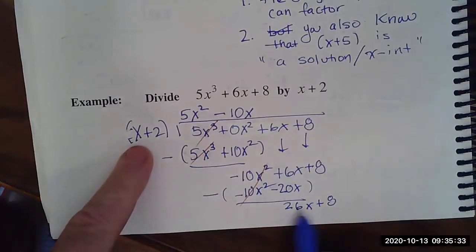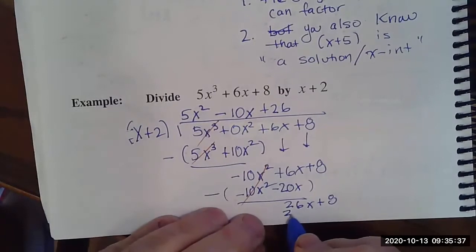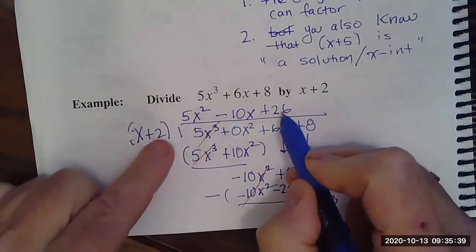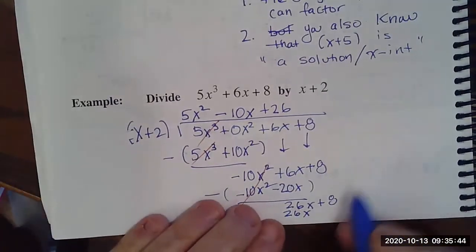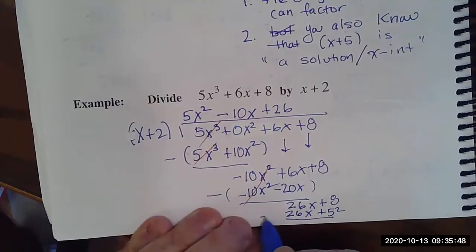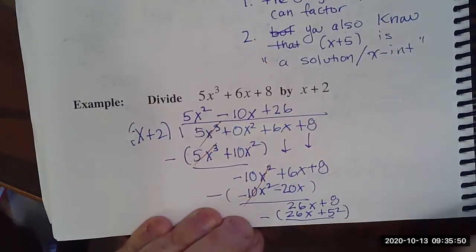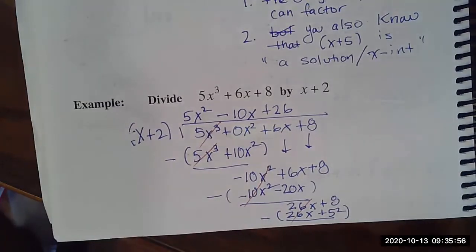Okay, I need a 26, so plus 26x, and that's 48, no, 52, 52. Minus 44.